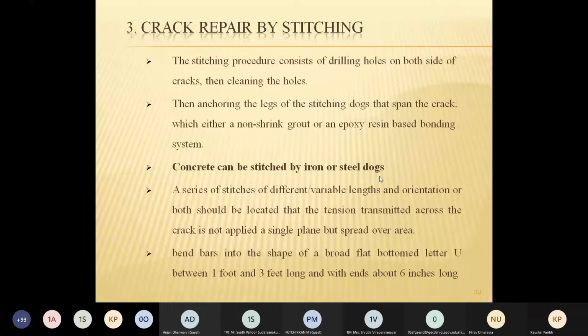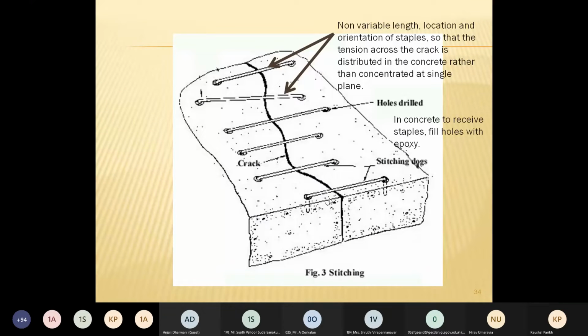So here we have to bend a bar into the shape of a broad flat-bottomed U, between 1 foot and 3 feet long, with ends about 6 inches long. The figure clearly indicates this. Here you just see that the crack is there, with variable length as well as location and orientation of the staples, so that the tension across the crack is distributed in the concrete rather than concentrated at a single plane.